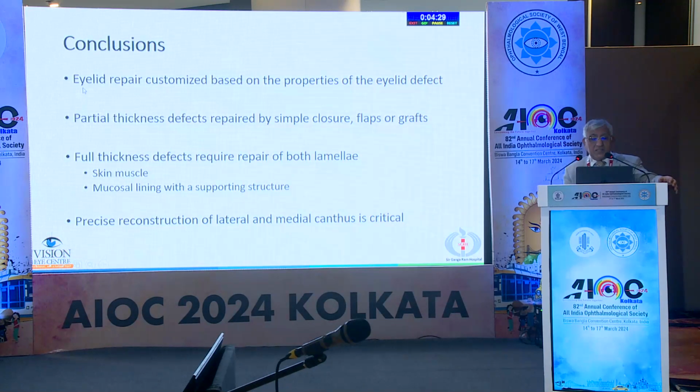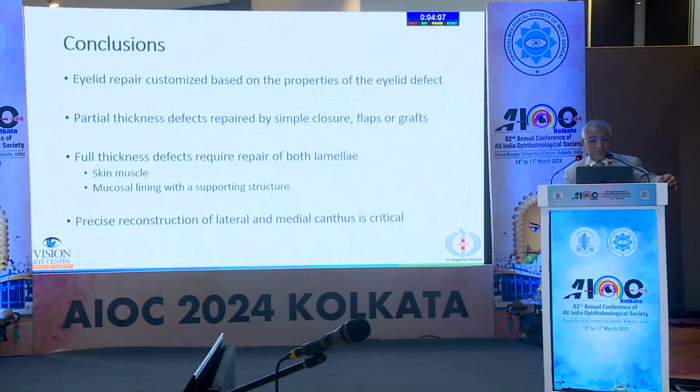To conclude, eyelid repair needs to be customized based on the properties of the eyelid defect. Partial thickness defects are repaired by simple closures, flaps, or graft. Full thickness defects require adequate effort at repairing both the laminae, skin muscle, and mucosal lining with a supporting structure.